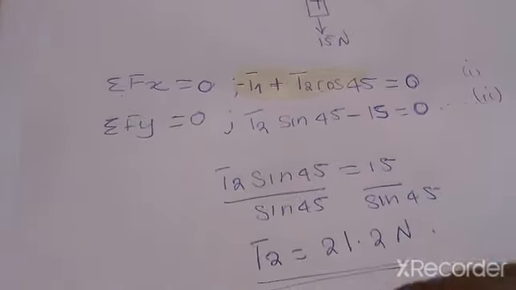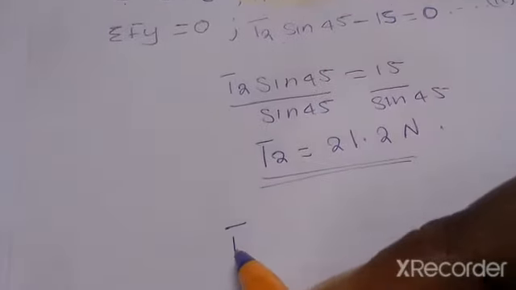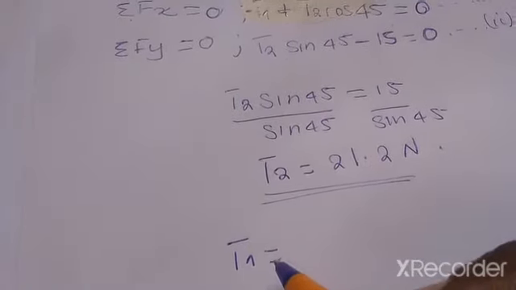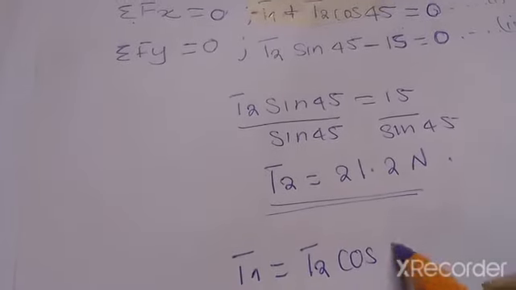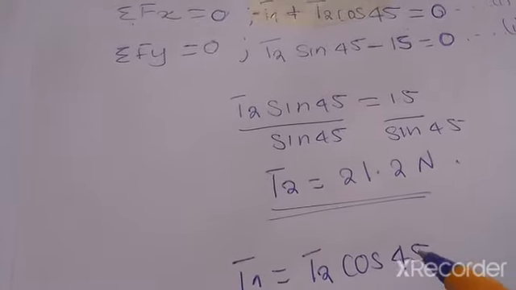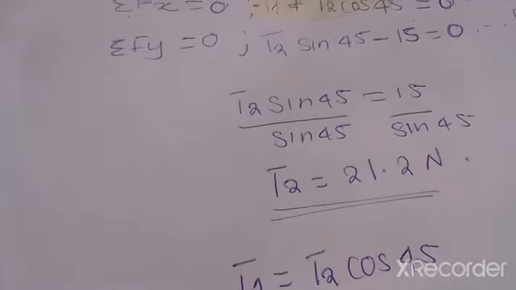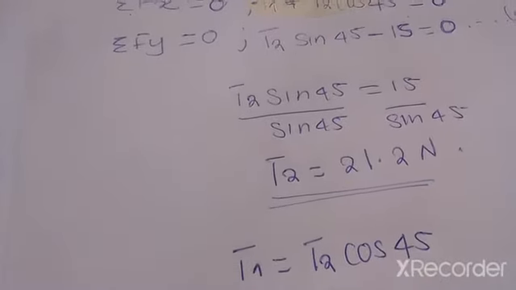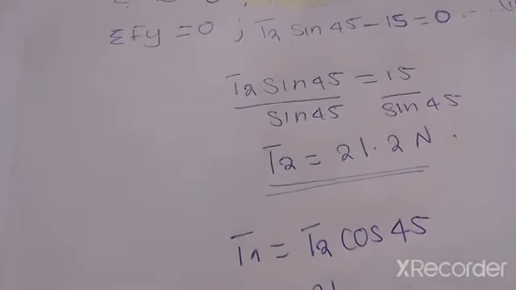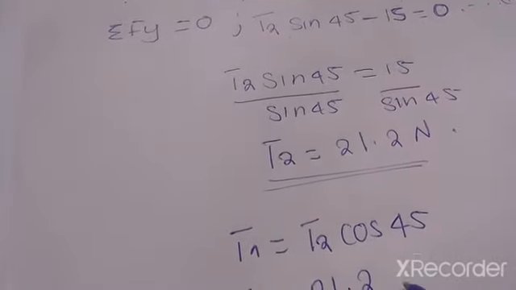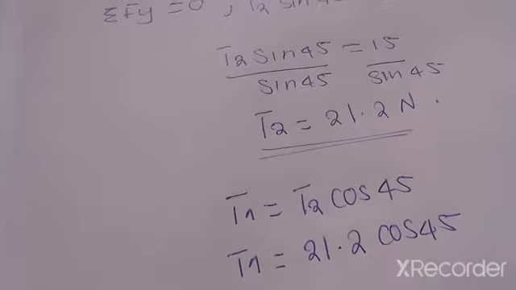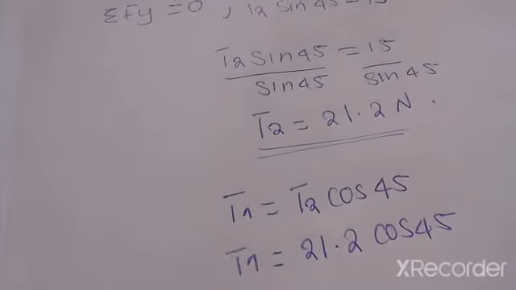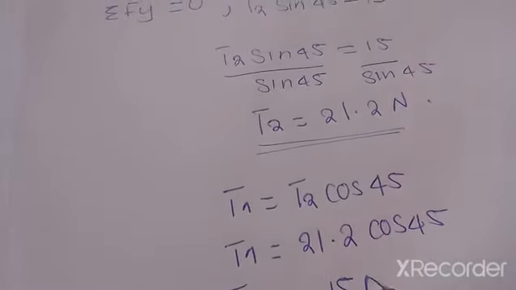We know that T1 is equal to T2 cos 45. So T1 is equal to 21.2 cos 45, meaning that T1 is going to be equal to 15 newtons.